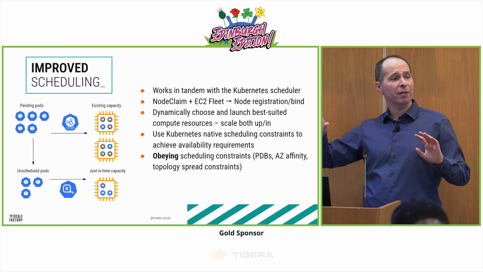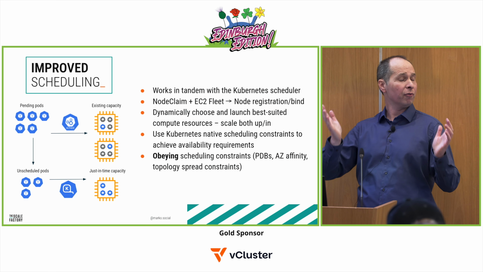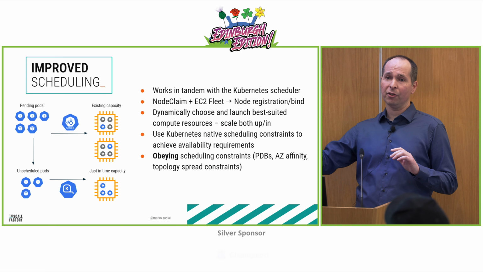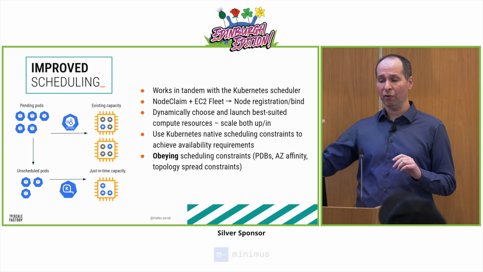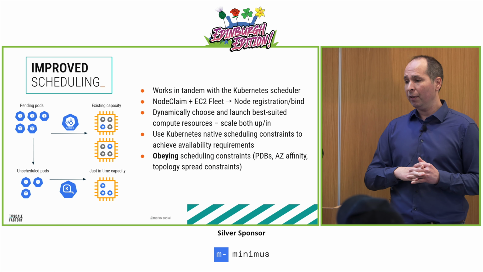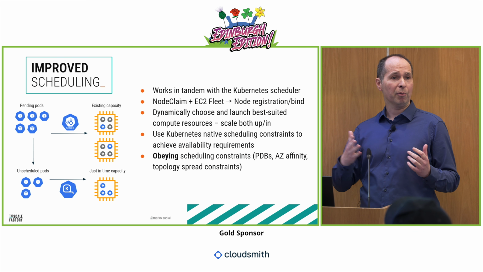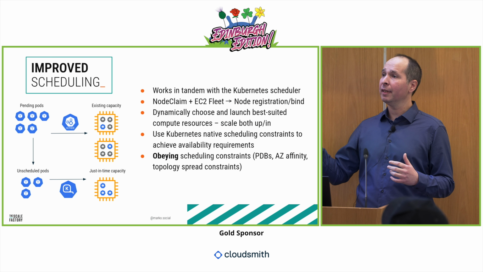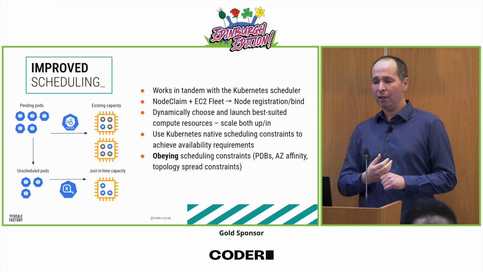There are two basic components: Karpenter Core and Karpenter Provider. Core is the core functionality, whereas the provider is the cloud provider-specific implementation of the core. Because we work in AWS, my examples will be in AWS, but if you're working with other clouds, the same principles apply.